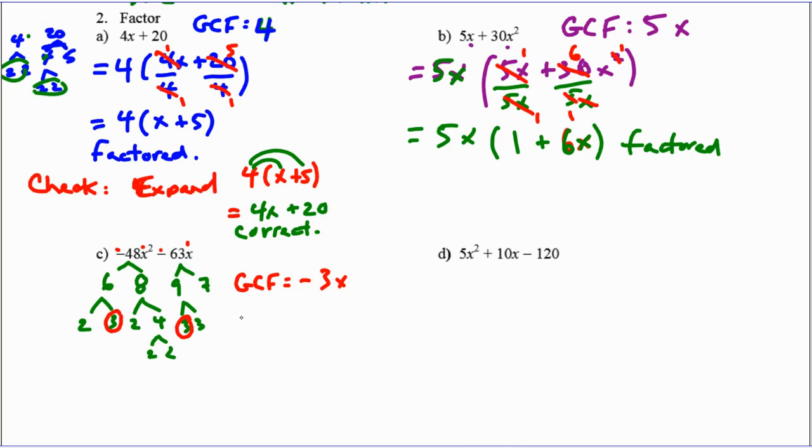So we want to bring this number out and say negative 3x, bracket, negative 48x squared minus 63x, close your bracket. We want to divide both of those by the common factor.